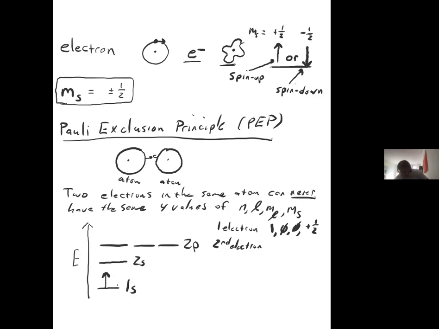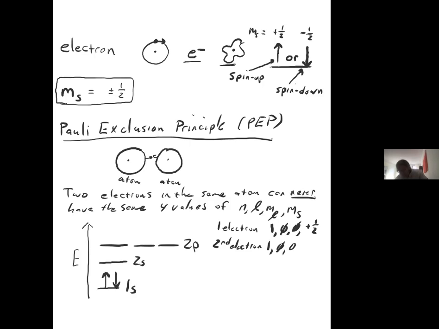So what's another possibility? We have two things. One is we want to get it in as far as we can, closest to the nucleus, which is the 1s orbital. But we also don't want to disobey this Pauli exclusion principle. So here's one way it could work. Suppose I take that second electron and I put it spin down. Well, if I do that, it's still in a 1s, so that's 1, 0.